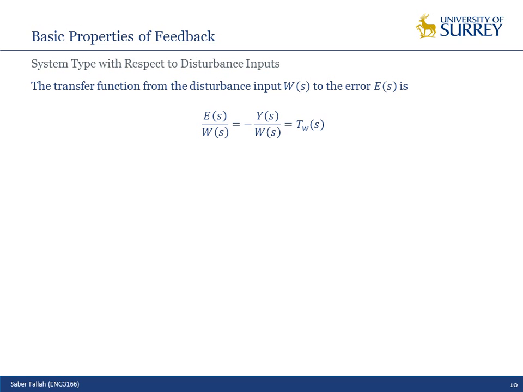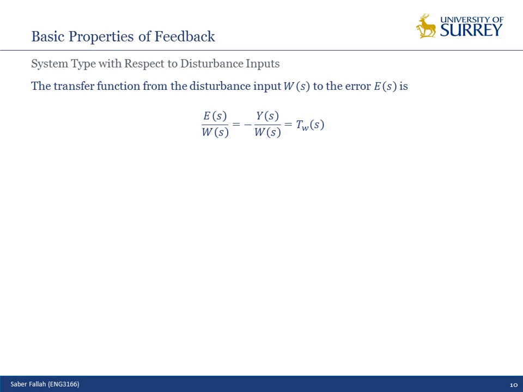So, I defined. Oh, you didn't get it? Seriously? E_s is the difference between the input or reference signal and the output signal. I'm talking about the disturbance response.